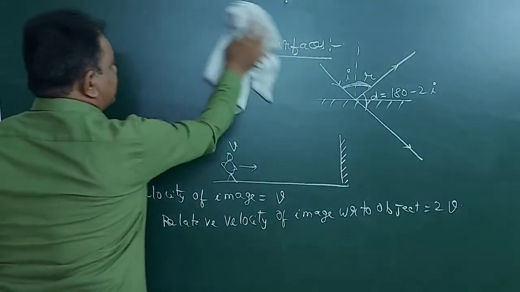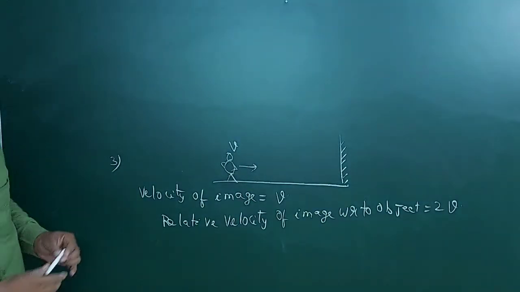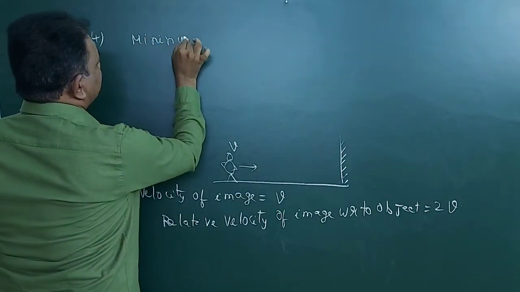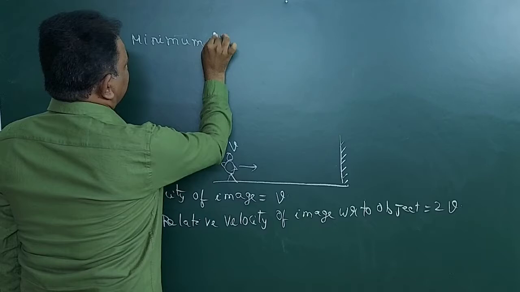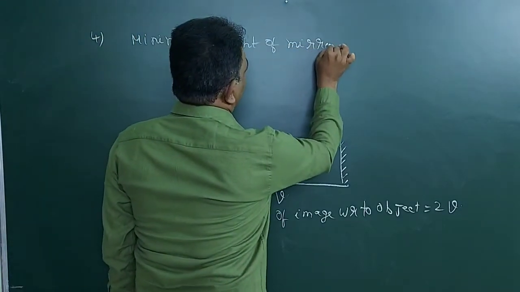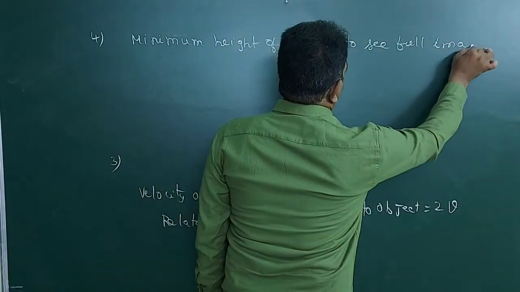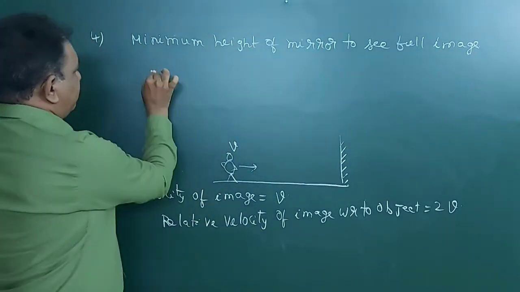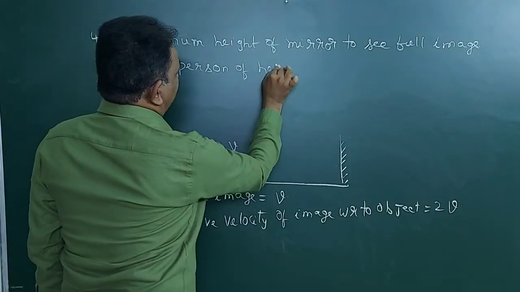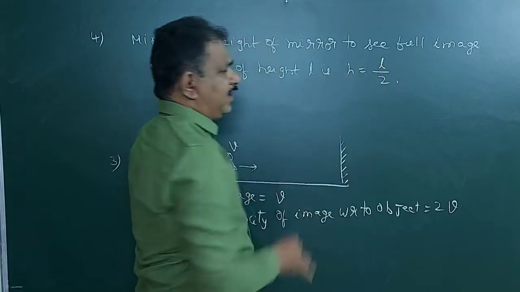Next, a person is there. What is the minimum height of the mirror to see the full image of a person? Minimum height of mirror to see the full image of a person of height L is H is equal to L by 2.